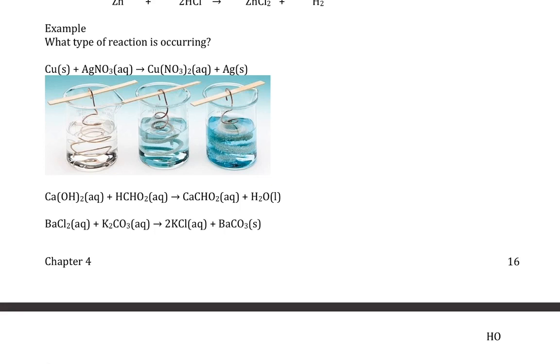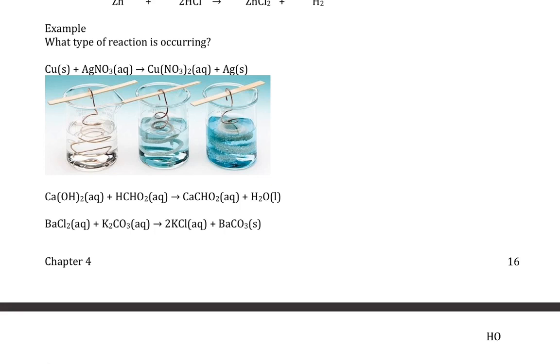After a little while we start to see the blue color, and we can see the silver plating onto the copper. It's very pretty, sparkly, and you see it's a swirly design just based on the original shape of the copper wire. So decide what kind of a reaction that is. Our three choices are precipitation, acid-base, redox.